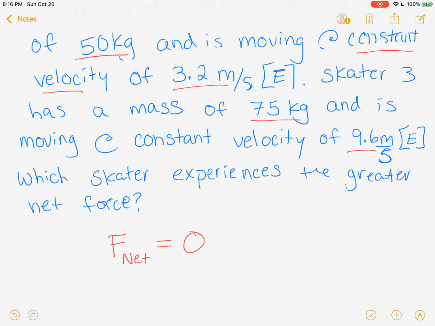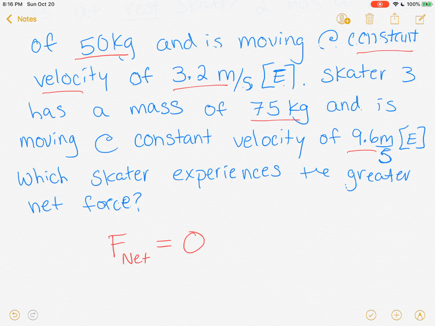And now we're going to talk about Newton's second law. So Newton's second law is going to apply if Newton's first law does not apply.